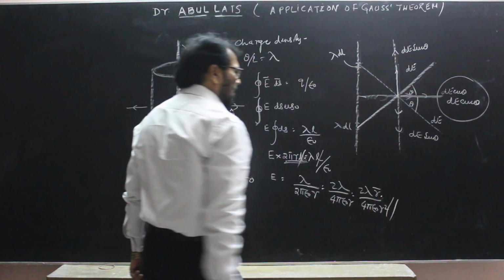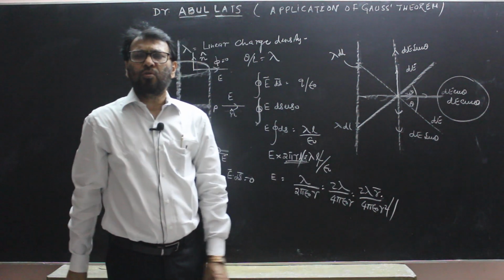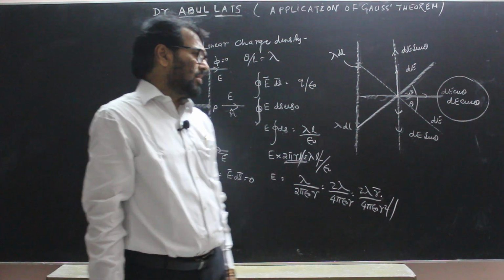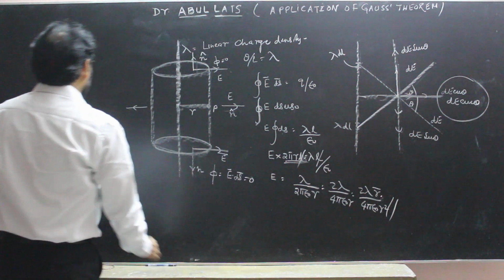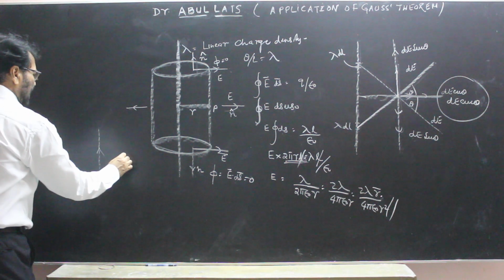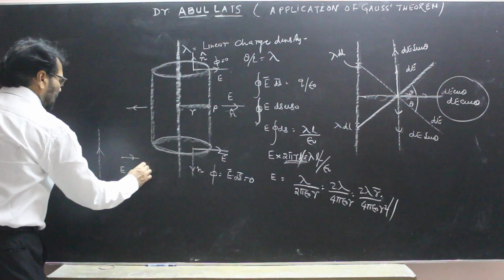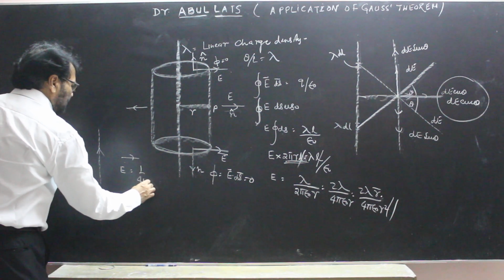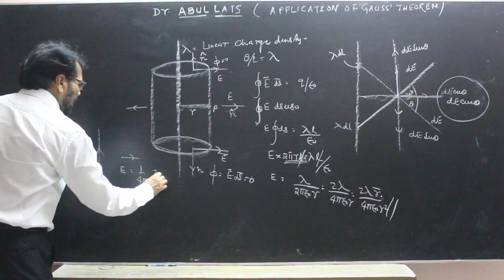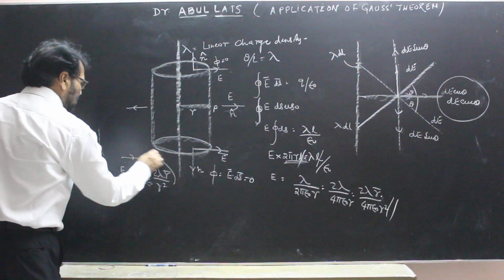Here r gives the direction of electric field, which is of course perpendicular to the curved surface. So we have calculated the value of electric field due to this line charge at point P as E is equal to 1 upon 4 pi epsilon naught, 2 lambda of course r by r square.